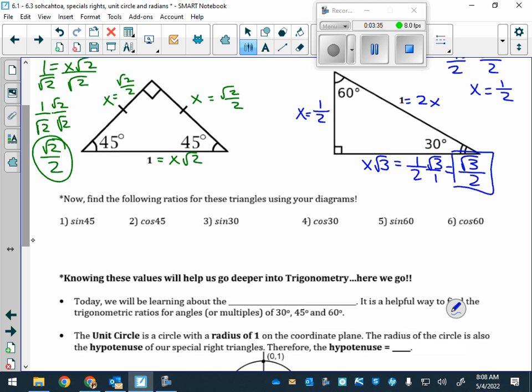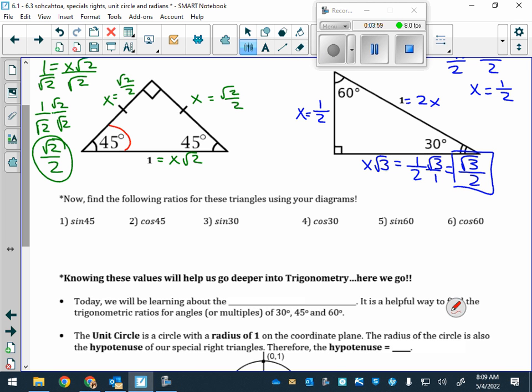Okay? So the sine of 45, we could choose whatever angle we want. So say if I use this one, sine of 45. Sine is what in terms of SOHCAHTOA? Opposite over hypotenuse.